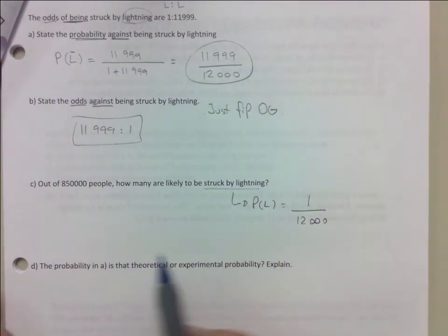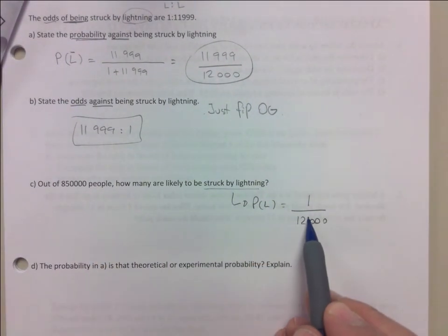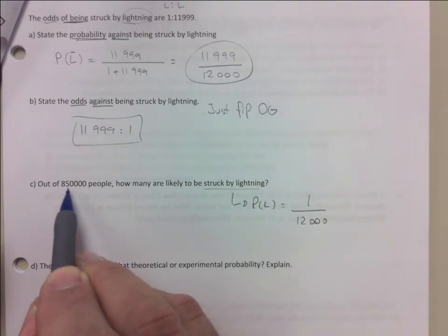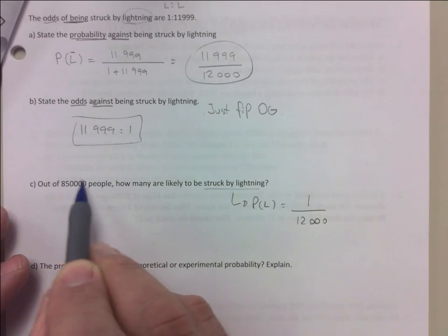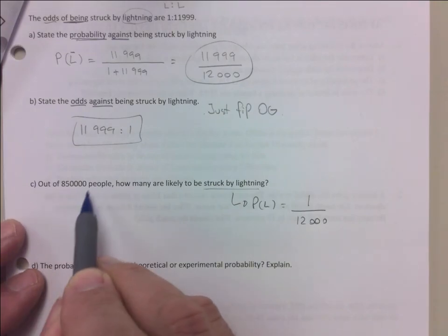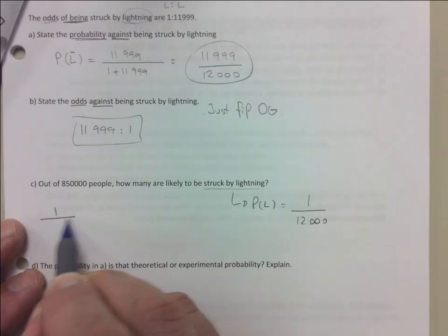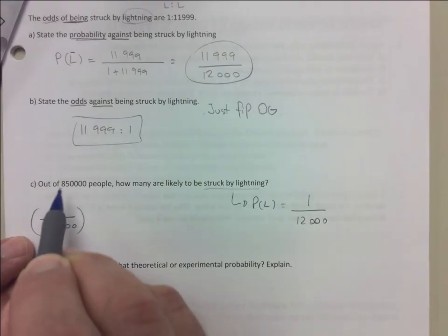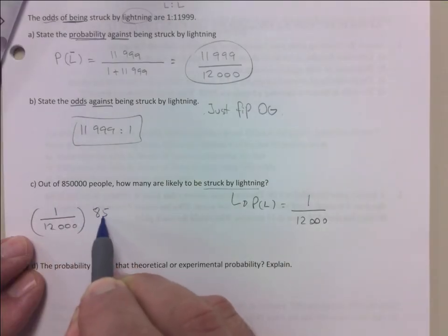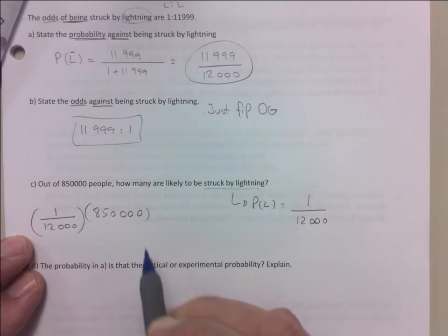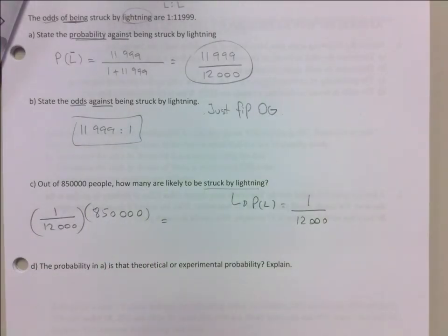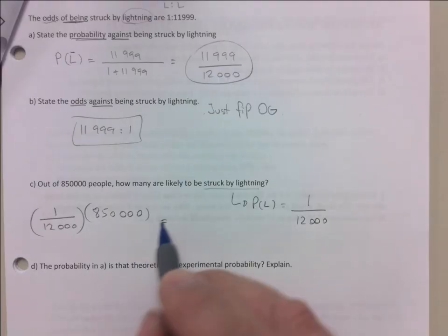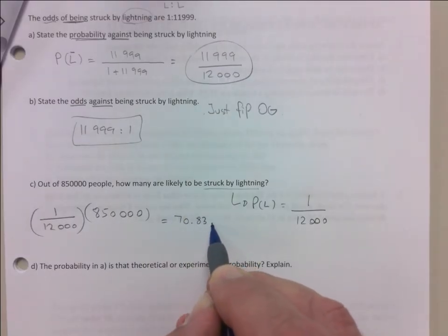So if you want to know for a lot of people how many would be struck by lightning, you multiply the probability times the number of people involved. So I will go 1 divided by 12,000 times 850,000. That's 70.83 and then some.